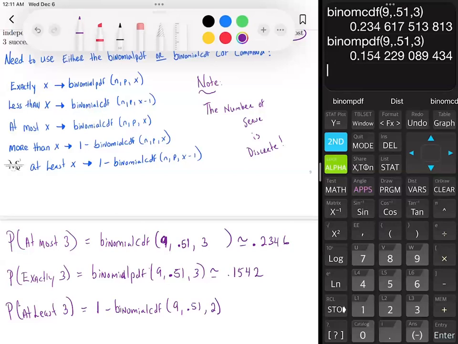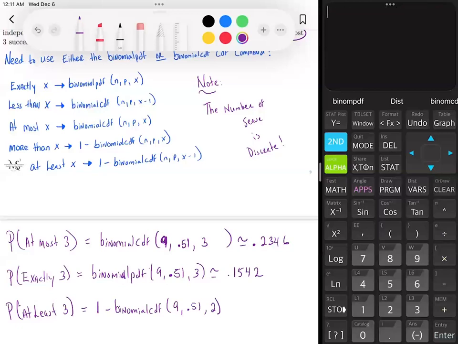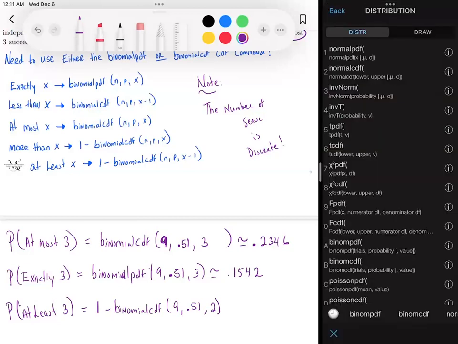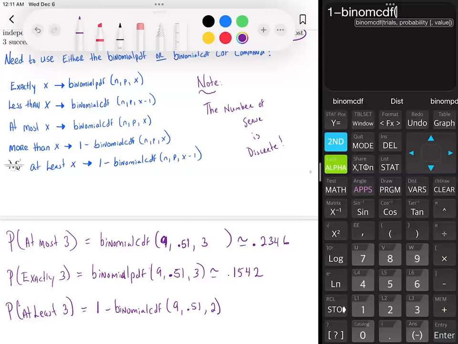So how do I do it in the calculator? Well, first, you hit the number 1, then you hit minus, then you do the binomial CDF stuff. So you do second vars, binomial CDF, value of n, comma, value of p, comma, value of x.